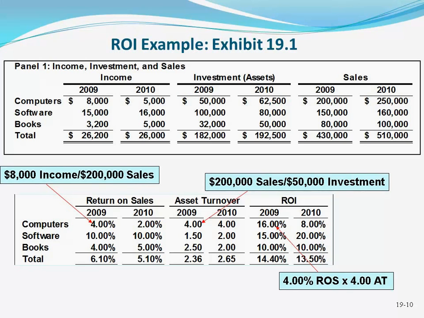And one of the main factors here was that the decline in return on sales in computers was significant. What are the causes behind that? So that's where these numbers are helpful.